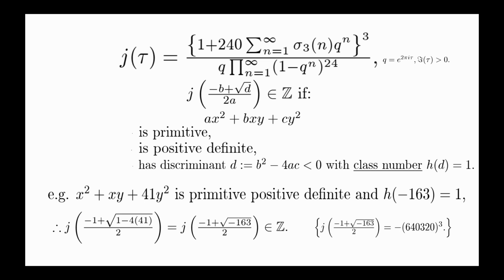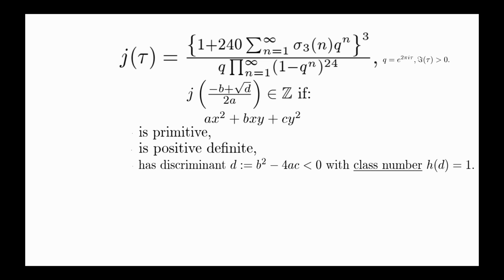It's equal to minus 640,320 cubed. All right, and we may now be wondering whether we can get infinitely many evaluations like that, making e to the pi times square root of n arbitrarily close to an integer.